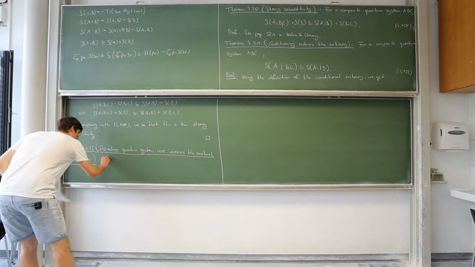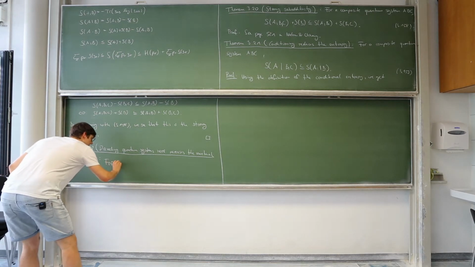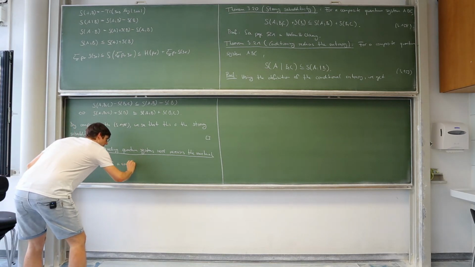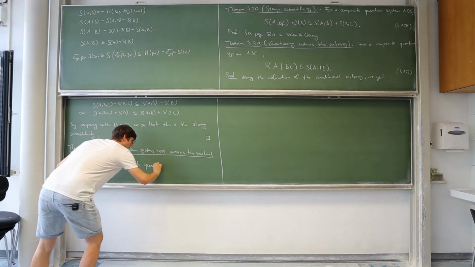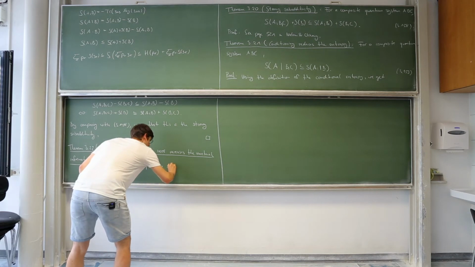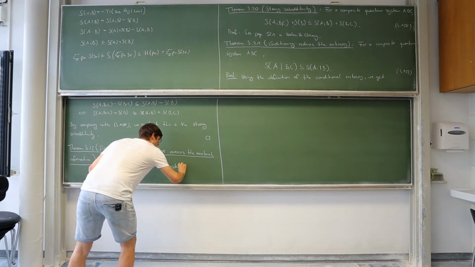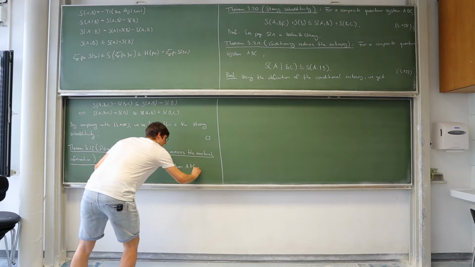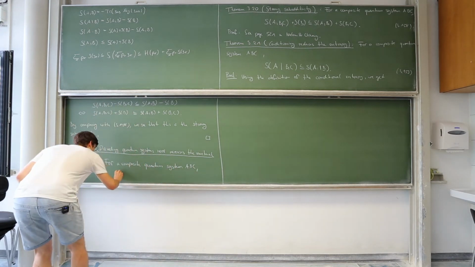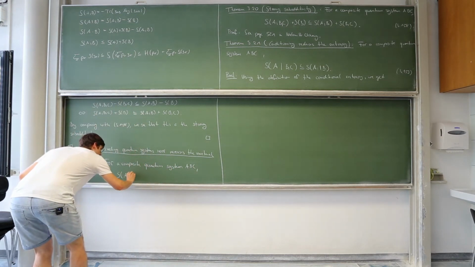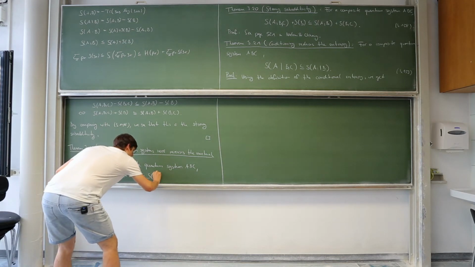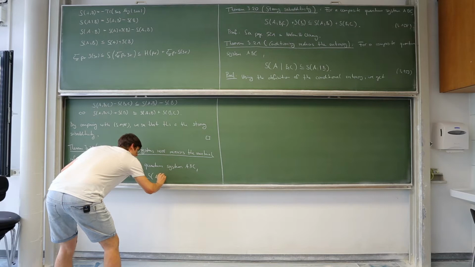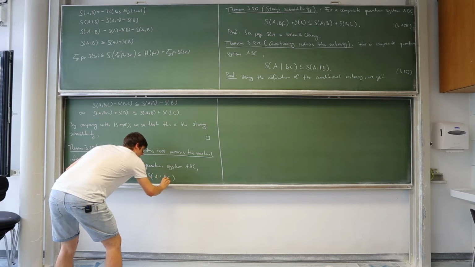So again, for a composite quantum system A, B, C, we have the following, that the mutual information of A and B is smaller or equal to the mutual information of A and the composite system B and C.